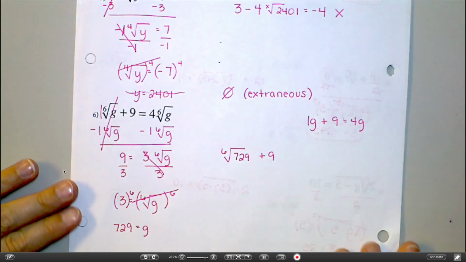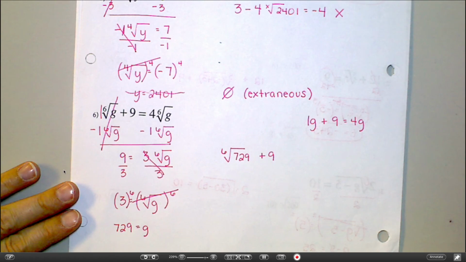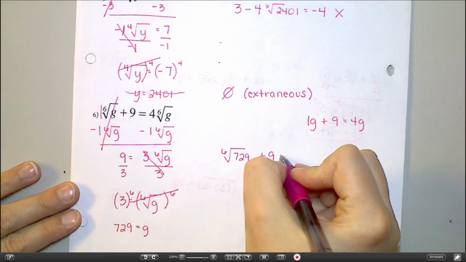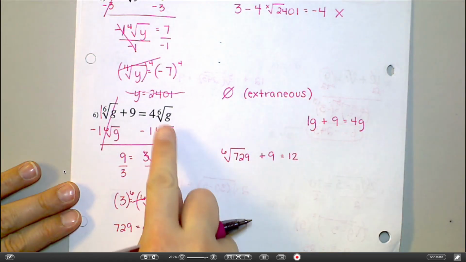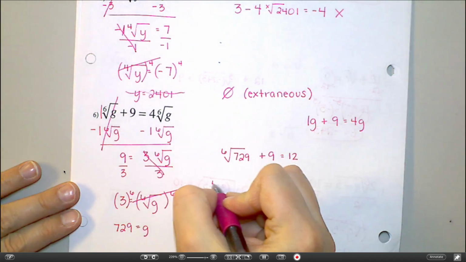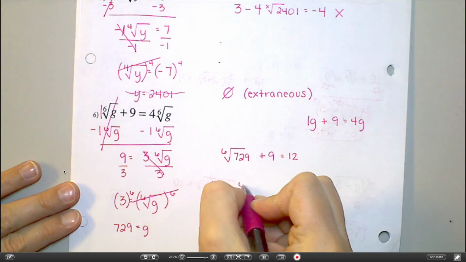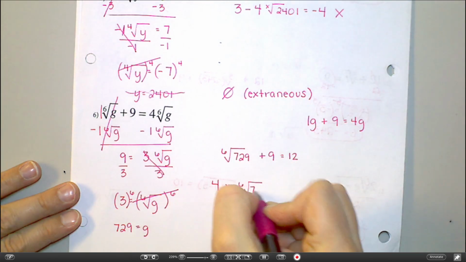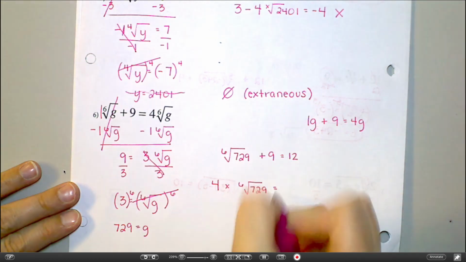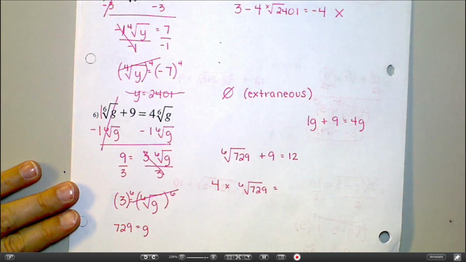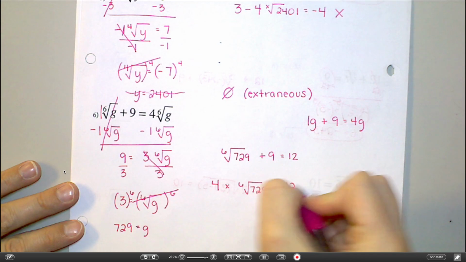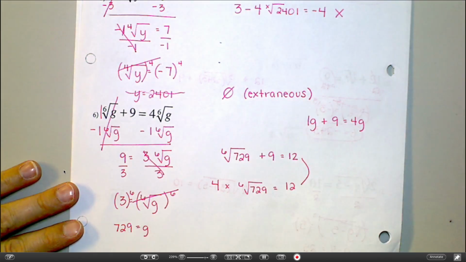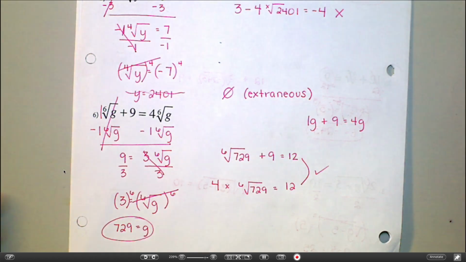Can someone do that and tell me what you get as an answer? 12. And now let's do the other side. So let's do the 4 times the 6th root of 729. And see if we also get 12. Yep. Okay, because the 2 came out to be equal to each other, this one works. This one's good. So 729 is our answer.